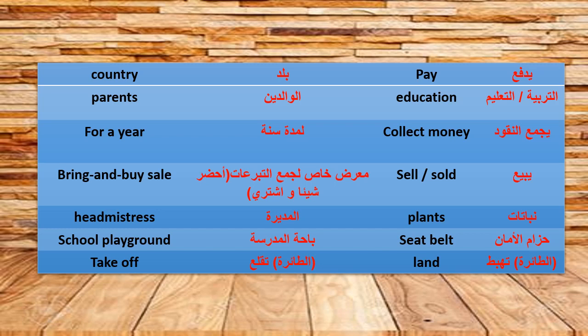And now, my students, before we start in the book, I want you to learn these vocabularies. Not all of them are new, but I repeated some because they are very important to understand some passages in this lesson. I'm going to read them in English, and here I wrote, as you see, the translation in Arabic. Country, pay, parents, education, this is very important, for a year, collect money, bring and buy, sale.